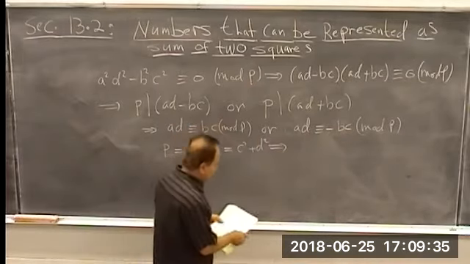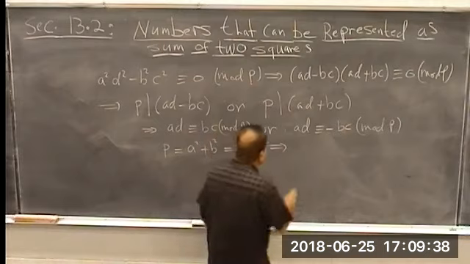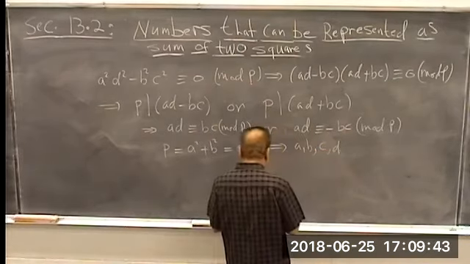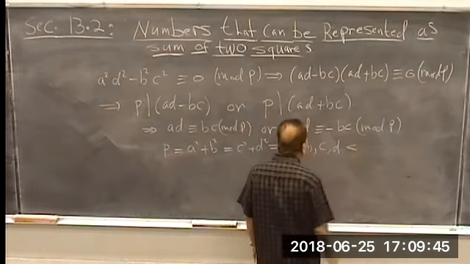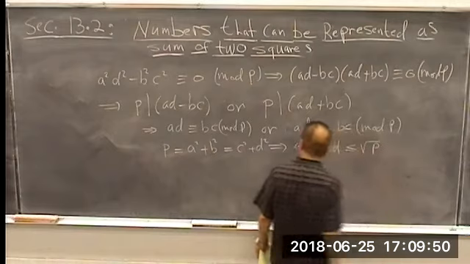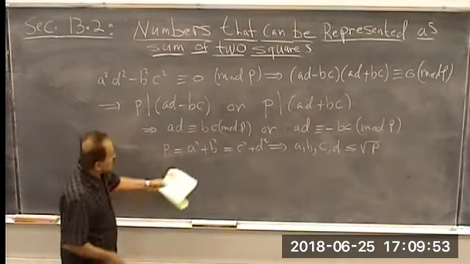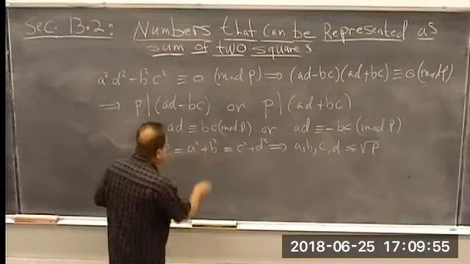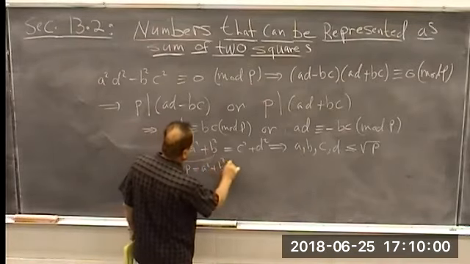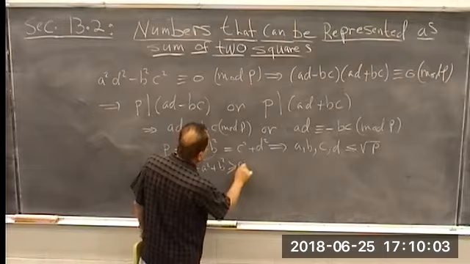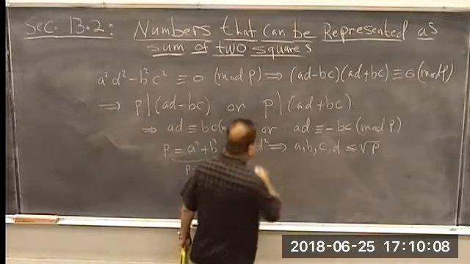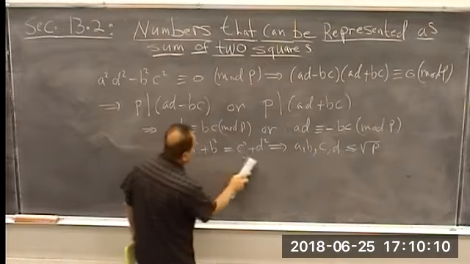This implies that all these integers A, B, C, and D are going to be less than or equal to the square root of P. Because if you take this one, for example, P is bigger than or equal to A squared, and when you take the square root, you get the same thing with the other four.